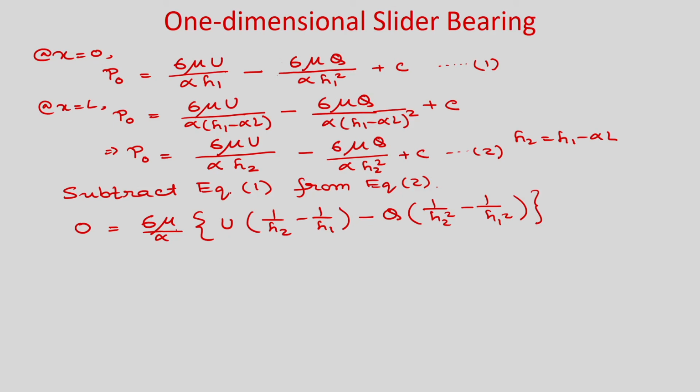Okay. So, if you rearrange and find the q from here, you will find that q is h1 h2 divided by (h1 plus h2) into u. So, from here we have found the q in terms of the geometrical parameters and the velocity u.